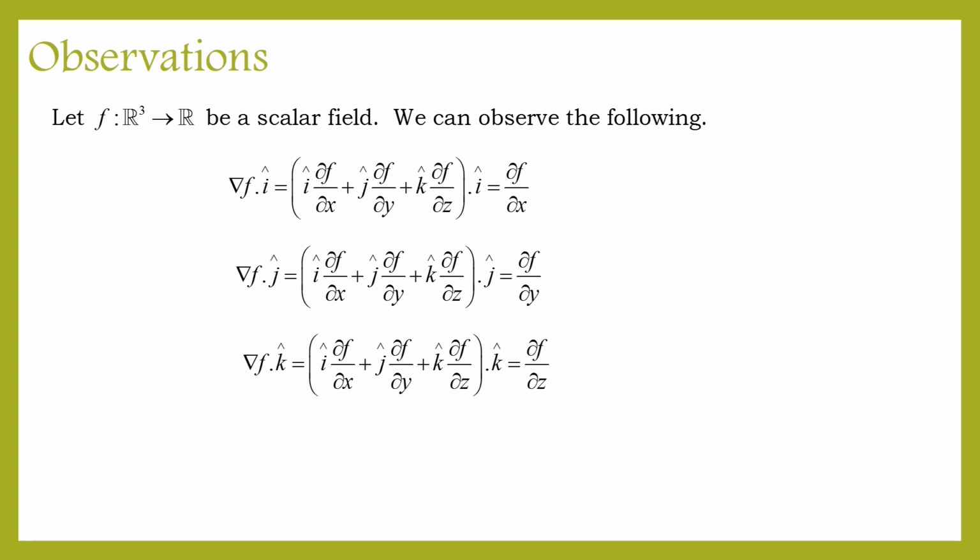If we want the directional derivative of the given function in the direction of the x-axis, we took the dot product between del f and i cap. Similarly, if I want the directional derivative in the direction of y, I took the dot product between del f and j cap. If I want the directional derivative in the direction of the z-axis, I took del f dot k cap. But I don't want the directional derivative in the direction of x or y or z.